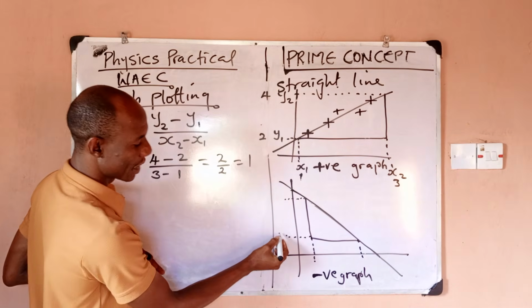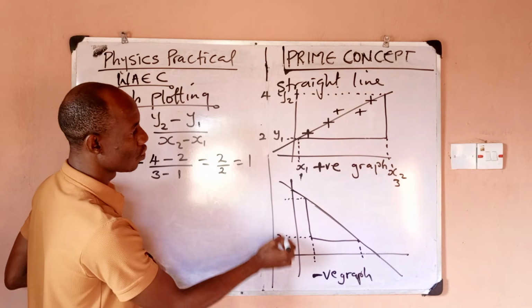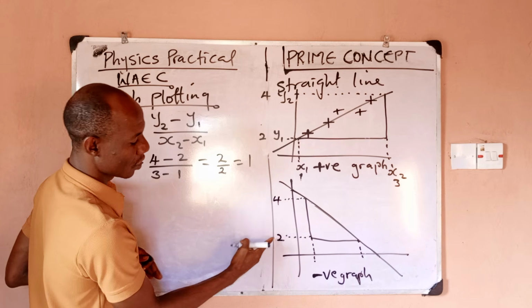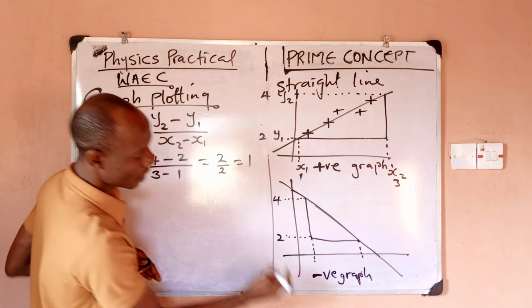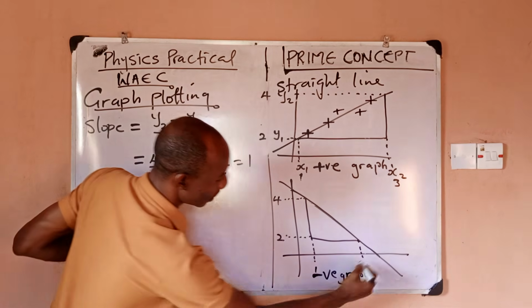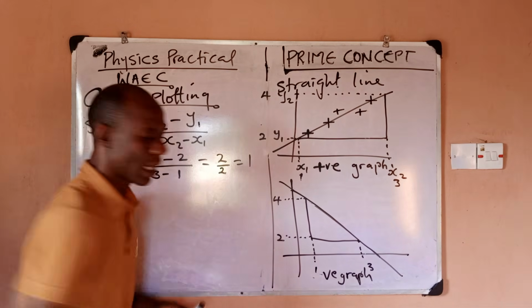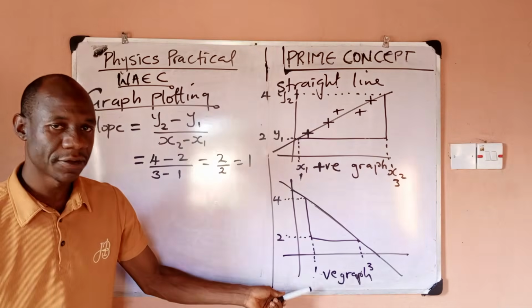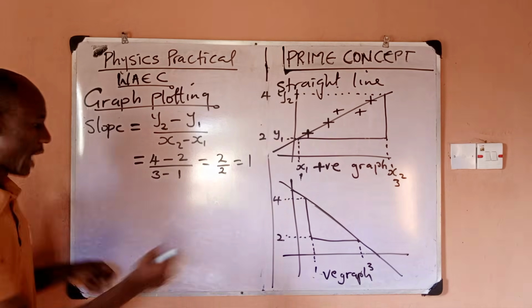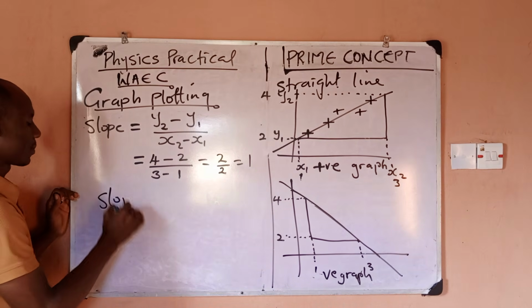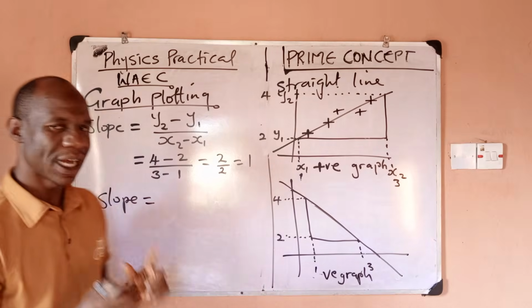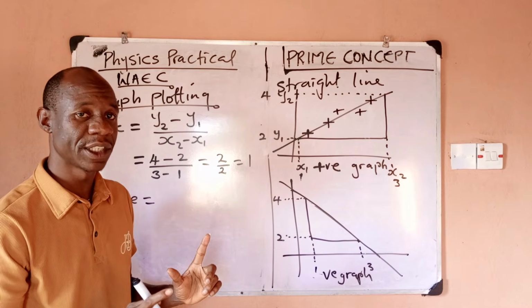Now let's assume that this place is the same value 2 and this place is 4 because you start from the lower value going up. Let's say this place is 1 and this place is 3. Now if you want to get the slope of this graph, you have to be very careful.